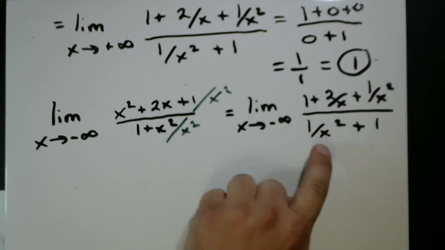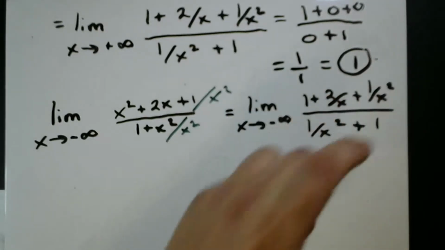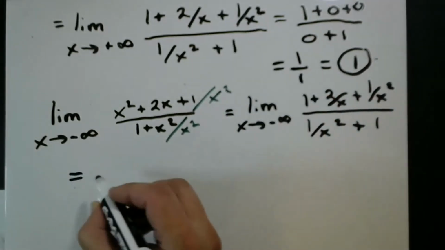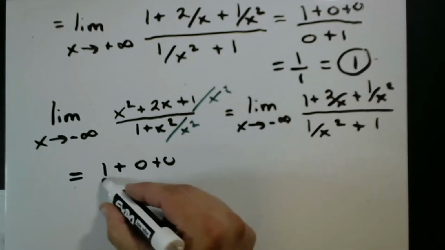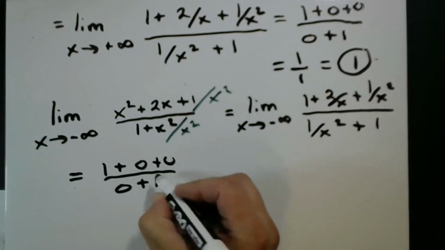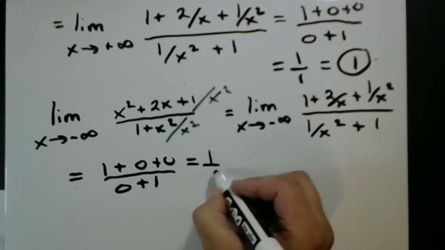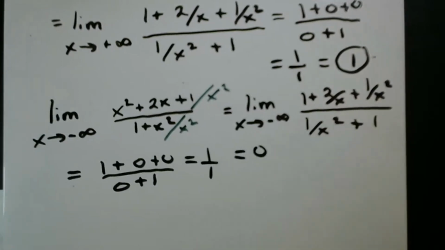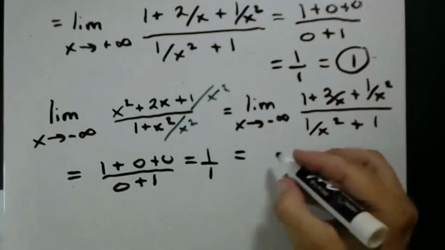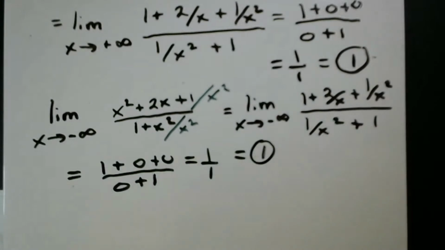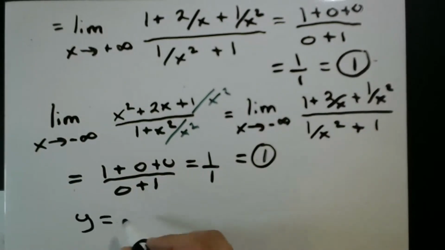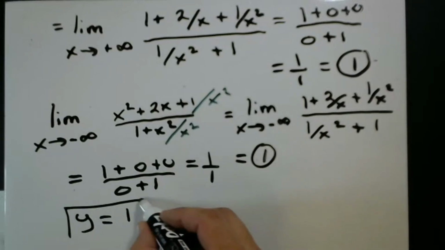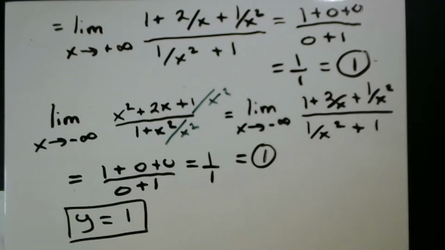As x goes to negative infinity, this will be 0, 0, and 0. And then once again, you'll get 1. So once again, the horizontal asymptote is going to be y equals 1.